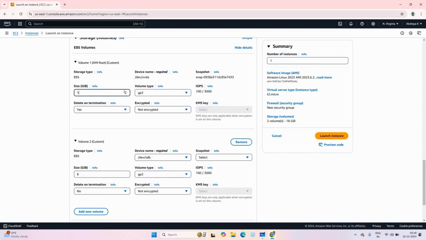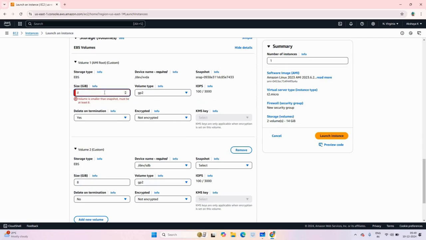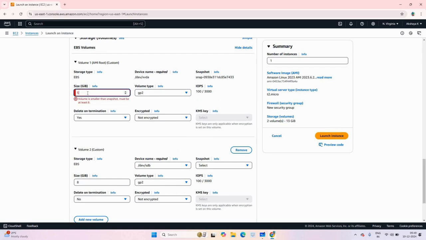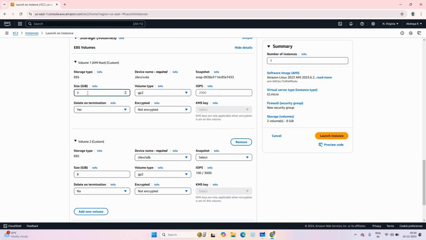The maximum IOPS is 16,000. If we give 6,000 GB, it gives the maximum of 16,000, so we can't increase the IOPS after 16,000.